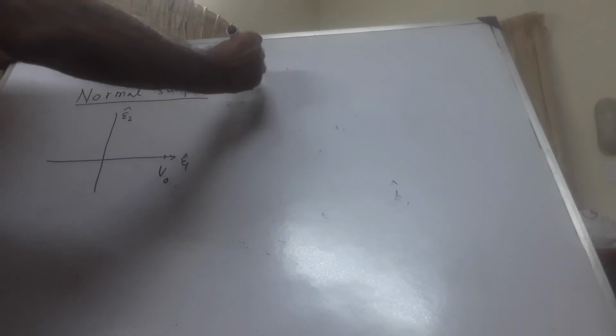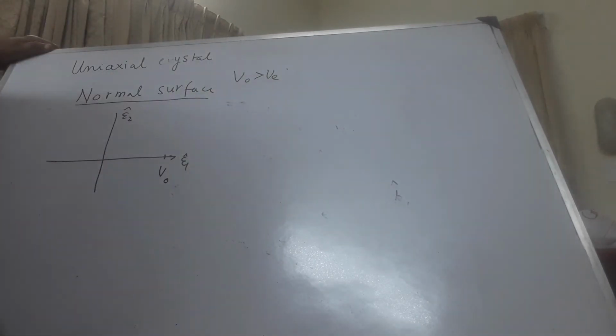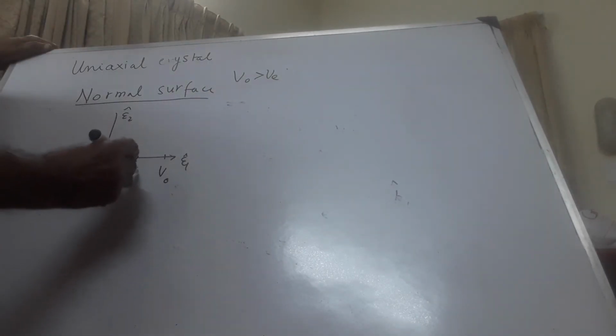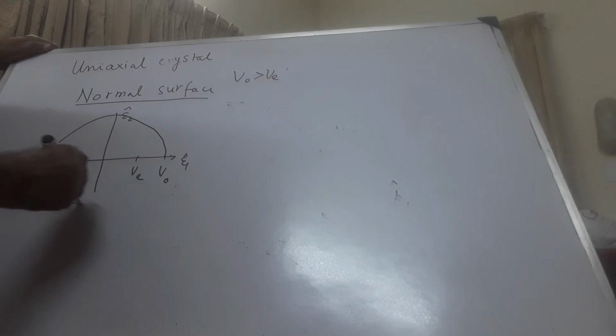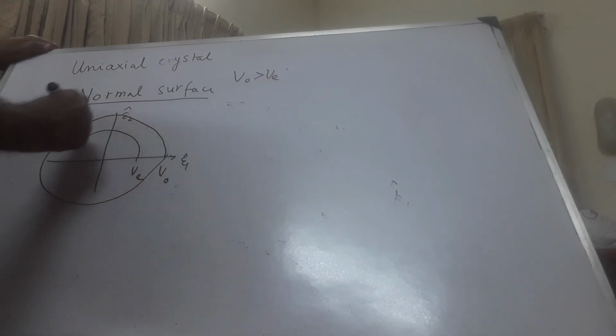So let's start with epsilon 1, epsilon 2. Suppose k is along epsilon 1, D must be along epsilon 2 or epsilon 3. If it's along epsilon 2, the velocity will be VO. Notice for our case, VO is greater than VE. And if it's along epsilon 3, it will be VE. And as I move out here, there is axial symmetry, so this will be the curve. These are the two surfaces.